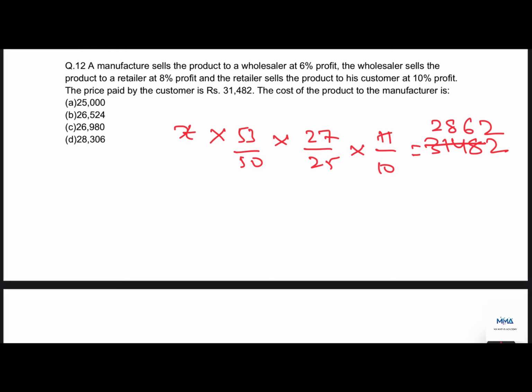Great. 27, 6, okay. 27 1s are 27, and this is 162. 27, 6, great, 106. 53 twos. No, just directly multiply. X is equal to 25,000.